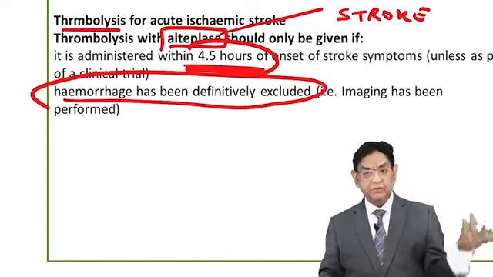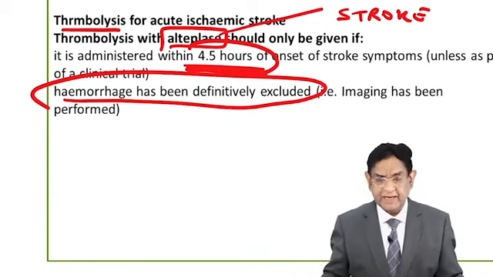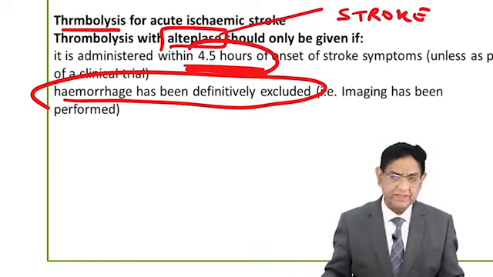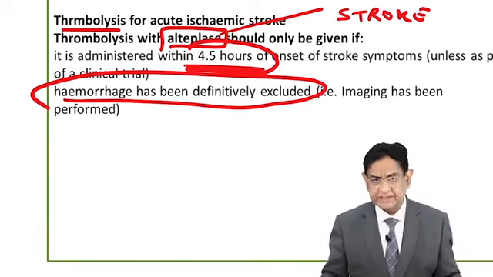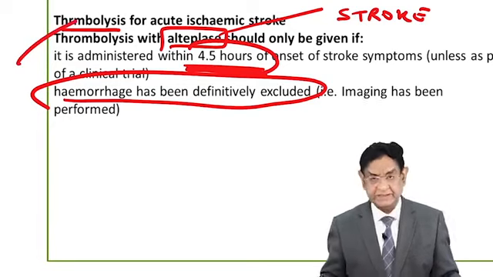That means you will do a CT scan. If the patient had a stroke 3 hours back and has come to you, go for an urgent CT scan. If it is normal, then you can plan for thrombolysis.